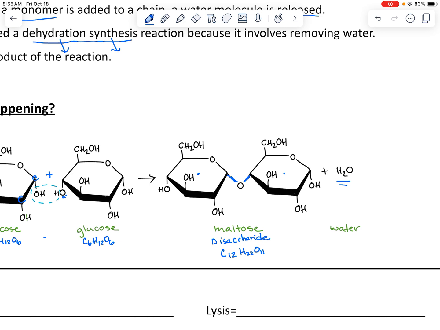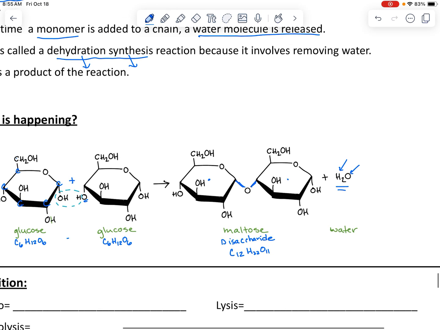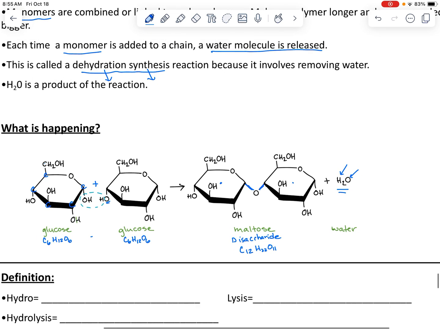We lost 2 H's in the water right here, so that's H22. We lost 1 O, so O11. So this is the disaccharide, plus we get 1 molecule of water. For every bond you make, you're going to lose a water. So if I wanted to add another glucose on here, I would get another water molecule.